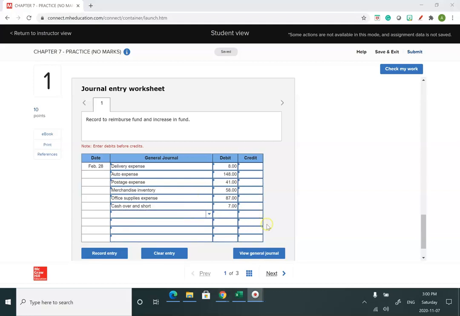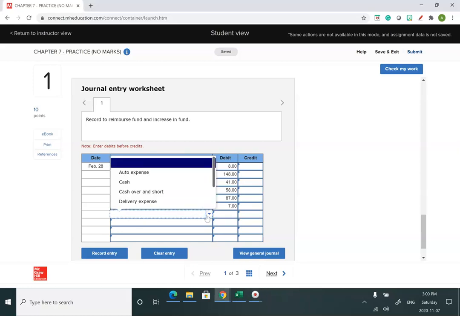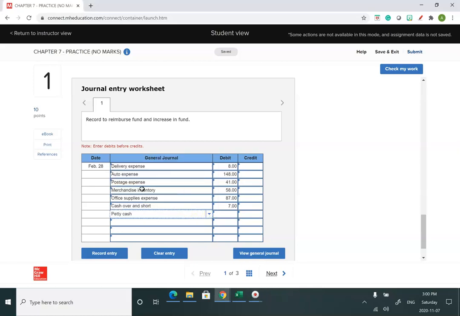So normally what I would do is just take the credit to cash for the difference, but because we also at the same time want to increase the petty cash fund from 360 to 500, what I'm going to do is put in the difference, so petty cash.